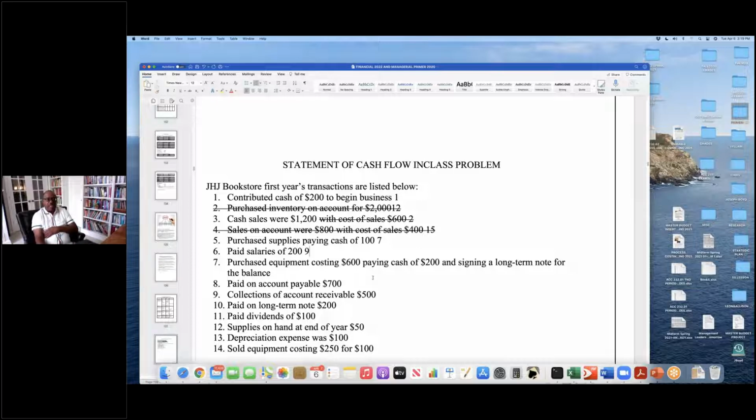It's a 9. Purchase equipment costing $600, paying cash of $200, signing a long-term note for the balance. What type is that? Type 8.